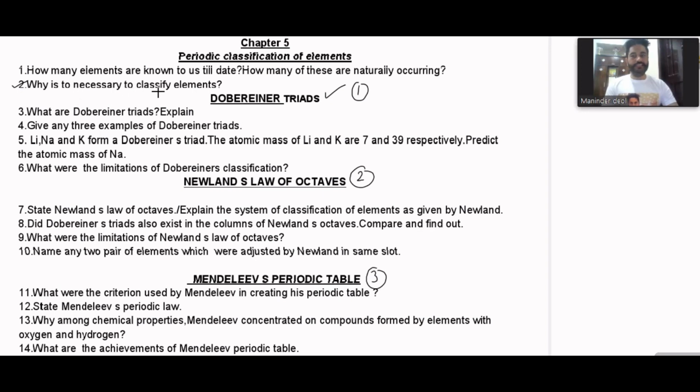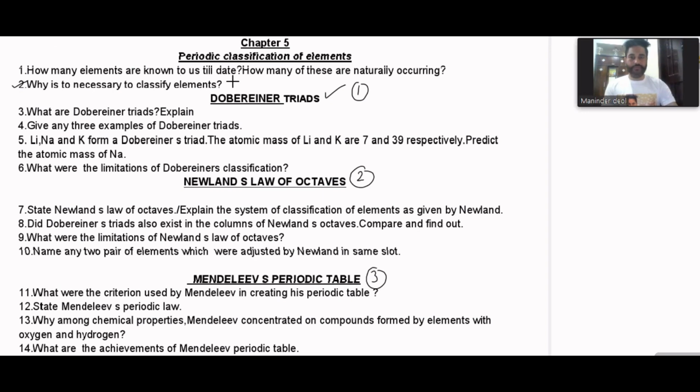Why is it necessary to classify the elements? So that physical and chemical properties of the elements can be determined as well as compared with the other elements. Any problem with this?